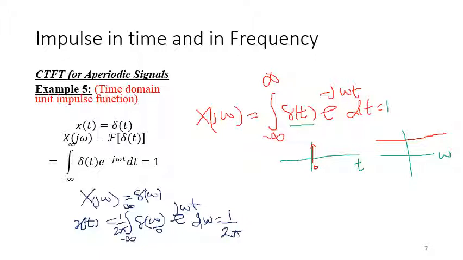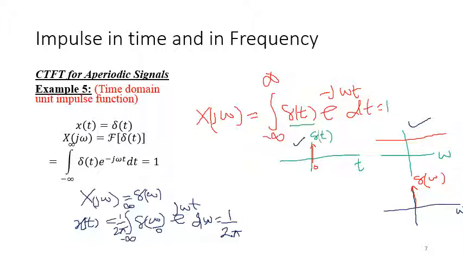So impulse in time exists on all frequencies if we look at it in the frequency domain. So similarly, if you have impulse in the frequency domain, right, this is the frequency domain, and if it exists only here, so this is the impulse of omega, whereas this one was impulse in time.